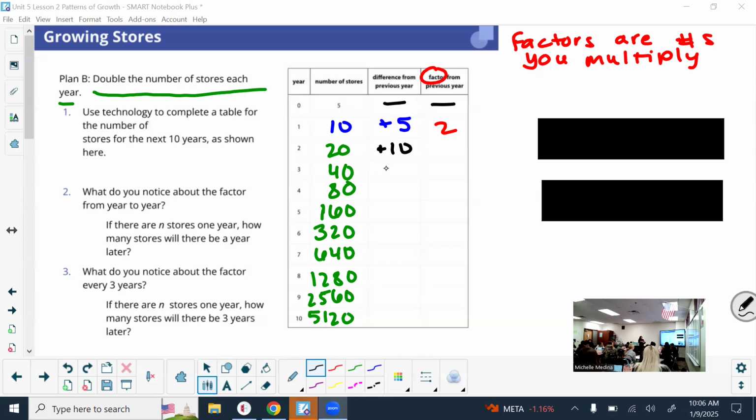Bella, what about here? Jake, what about here? Madison, here? Ashley, here? Mandalay, here? Ella, here? And McKenna, what about here?